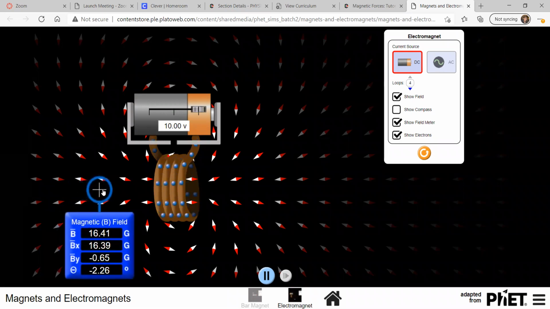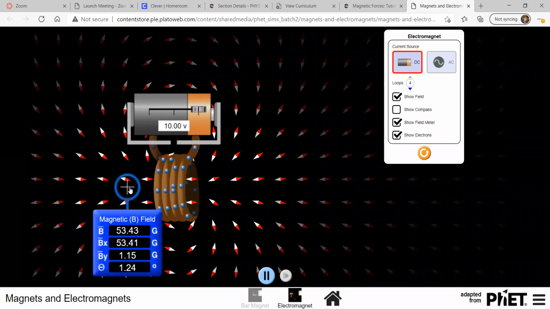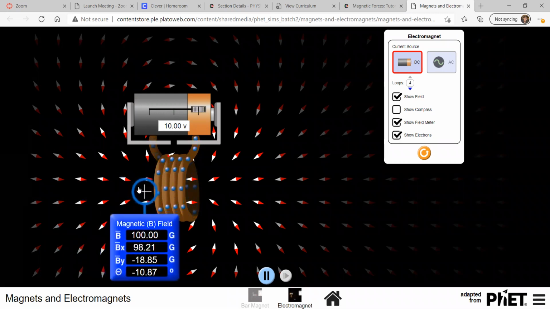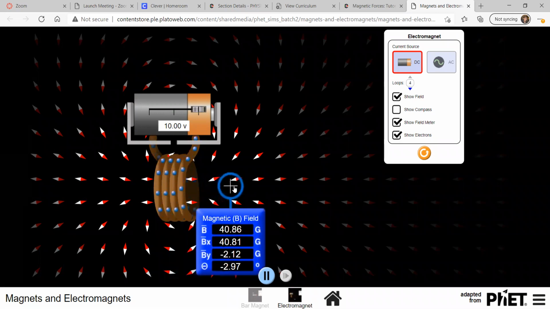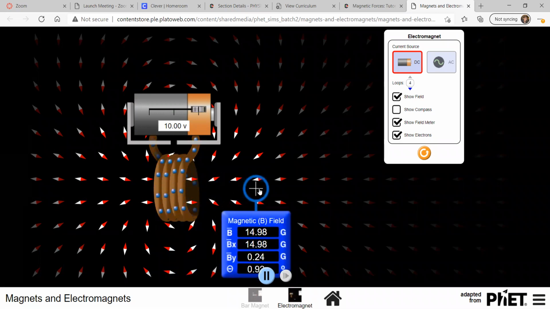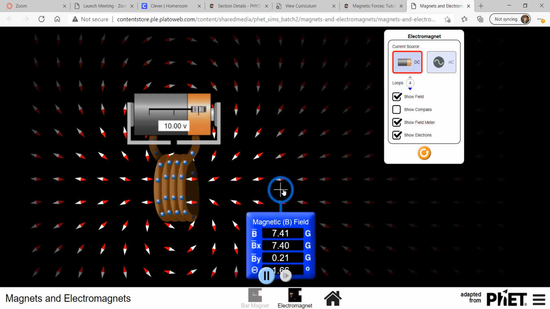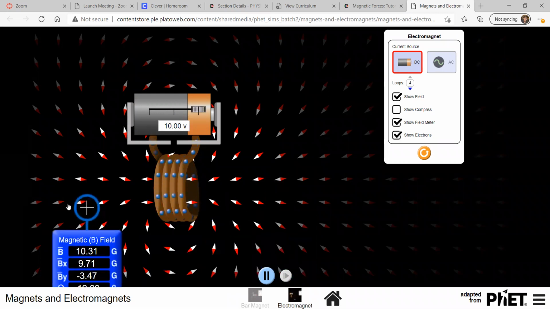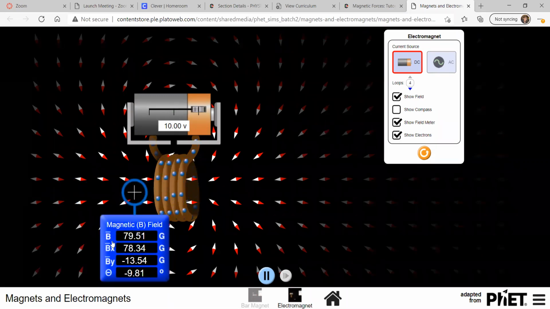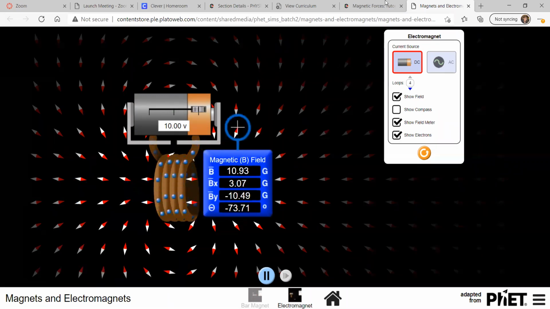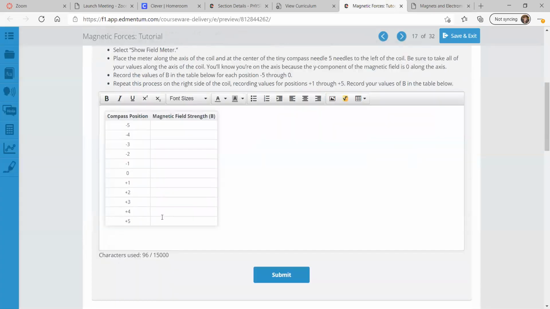So -4, -3, -2, -1, +1, +2, +3, +4, and then +5. Okay, so pretend this is graphing paper, and that's the center of the graph. And you're just taking these 5 points on the left and then writing down that B in these points.